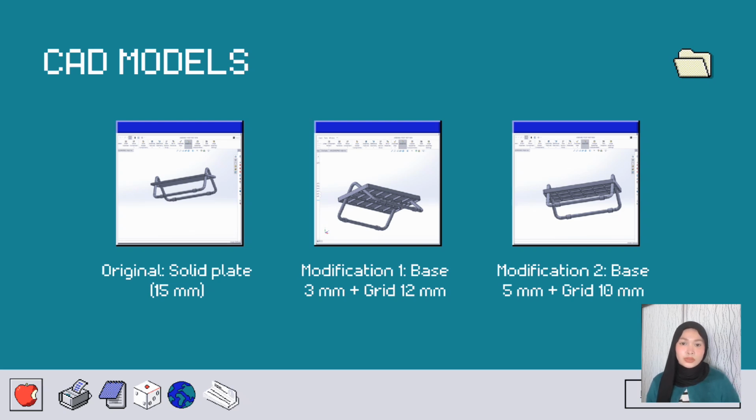Modification 2 uses a 5 mm base plate with 10 mm grid height. All designs have the same outer dimension to ensure fair comparison.